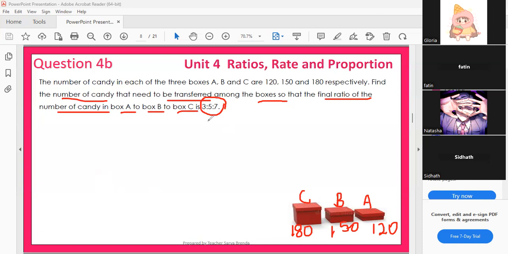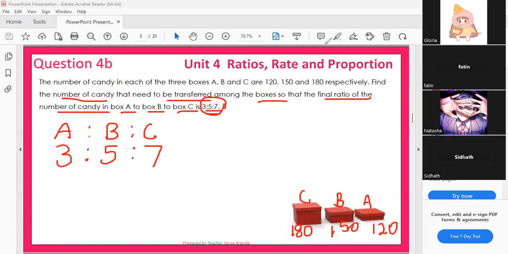You see that? They want the ratio to be like this. How do I do it? They want the end results of box A, box B, box C to be in the ratio of 3 to 5 to 7.